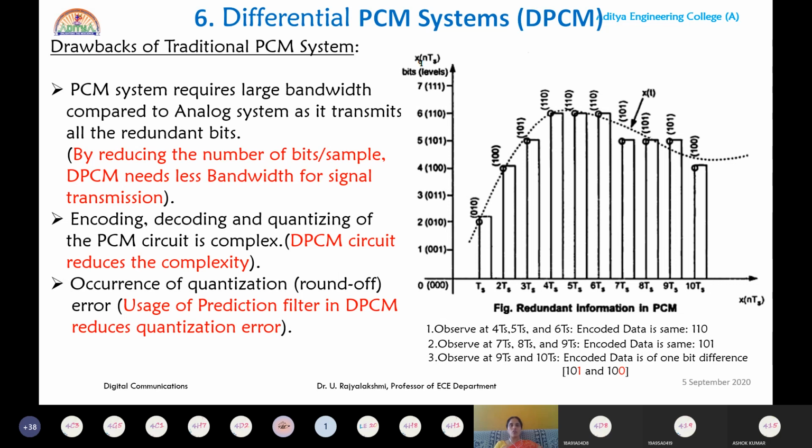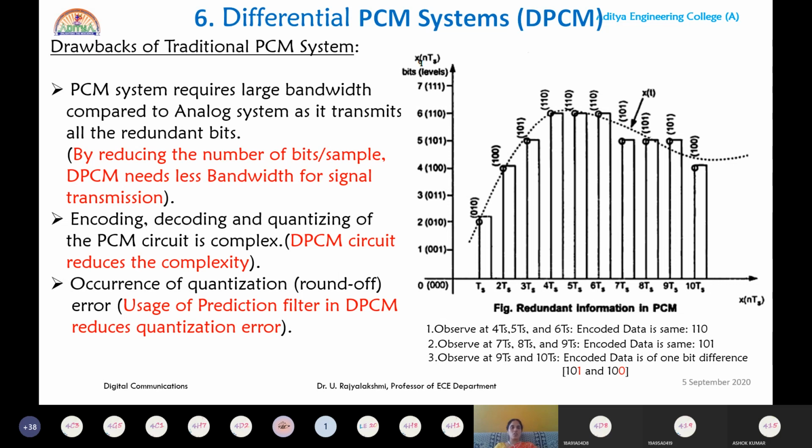Okay, so here the black wording represents the drawback of PCM, and the red color data represents the importance of DPCM, and how DPCM will overcome the corresponding drawback shown in black. So red represents the DPCM data and black is the PCM data. So, three drawbacks.